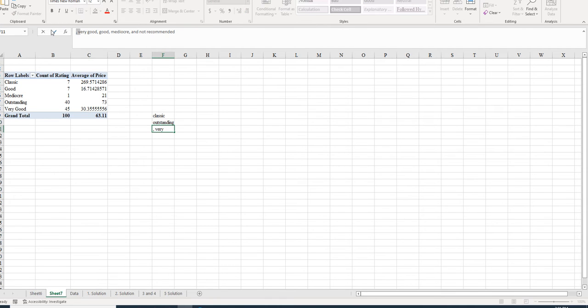Very good, then it is good, then it is mediocre, and finally it is not recommended. So these are the types of ratings that we have.